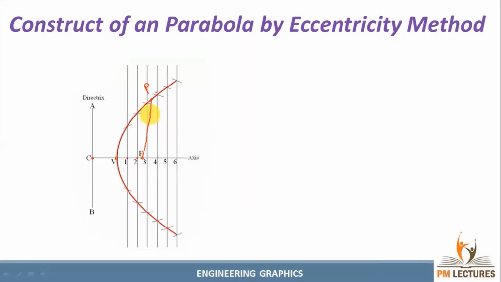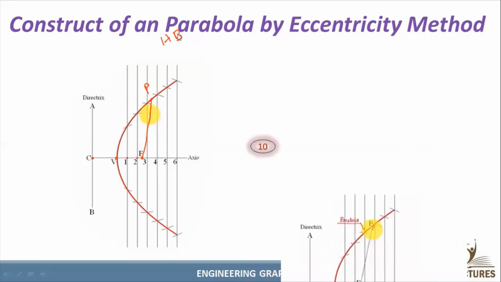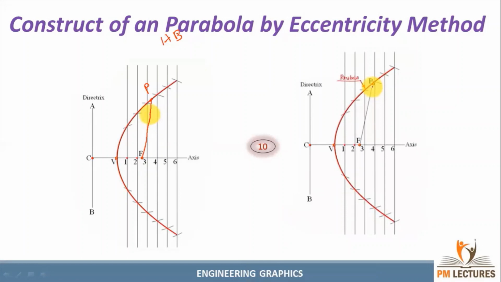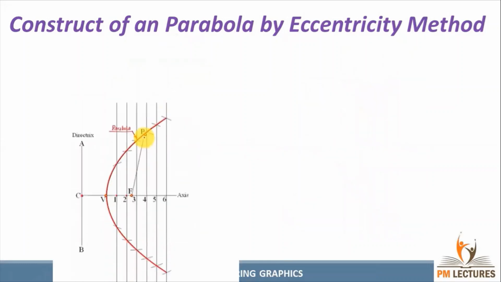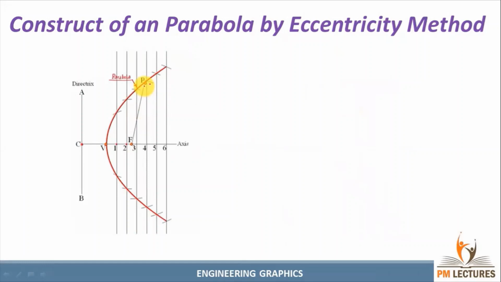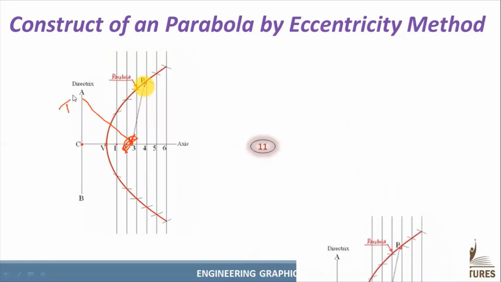This line also in a darker manner, you can use an HB pencil for drawing the tangent and normal. After drawing this, from point P, use your protractor and mark a line at 90 degrees that touches the directrix, and give the name T.